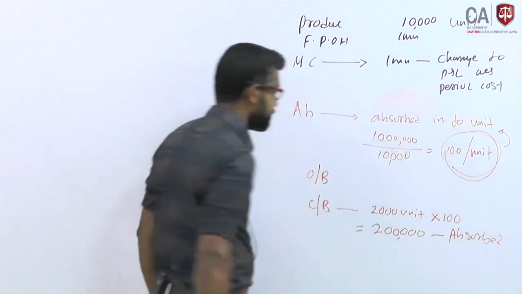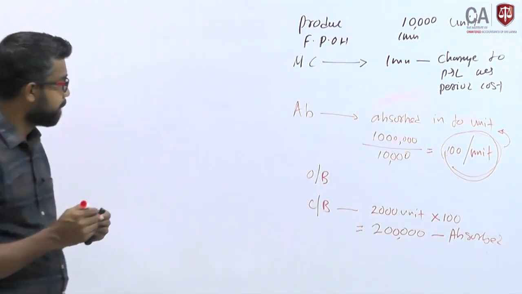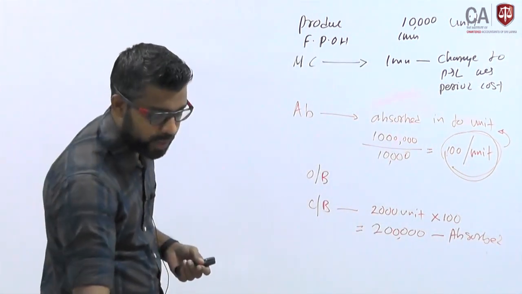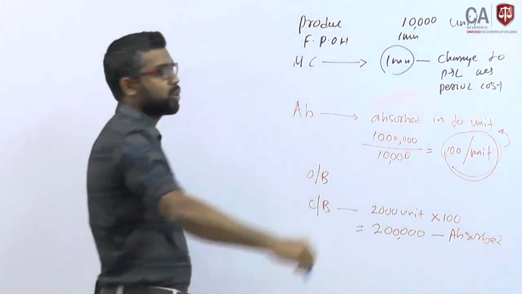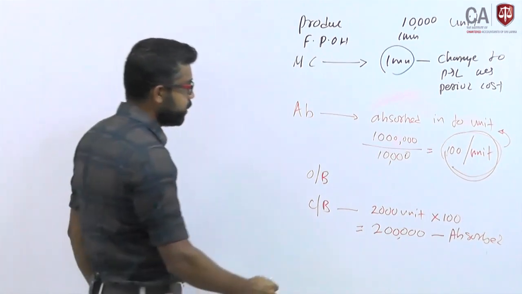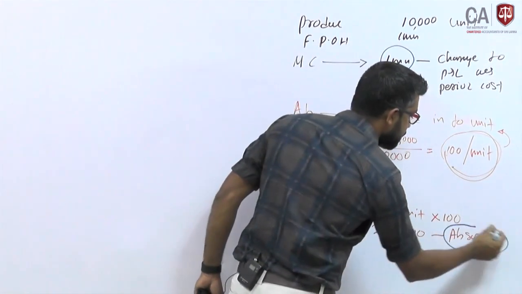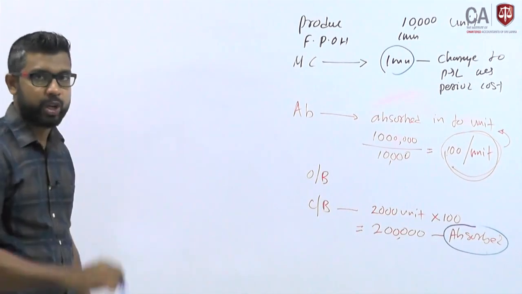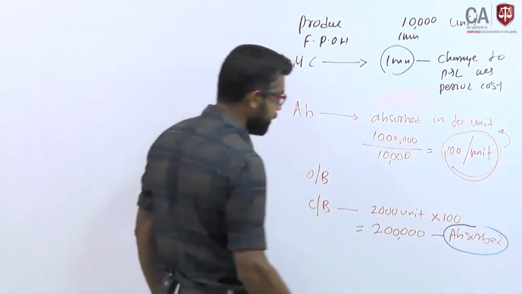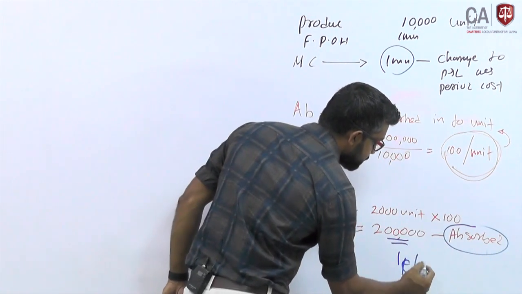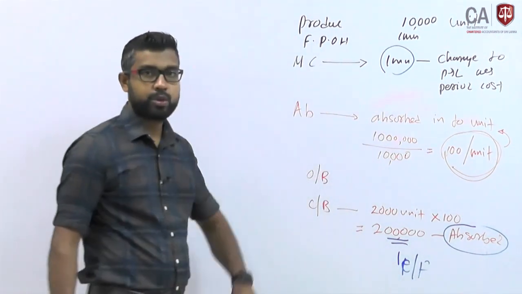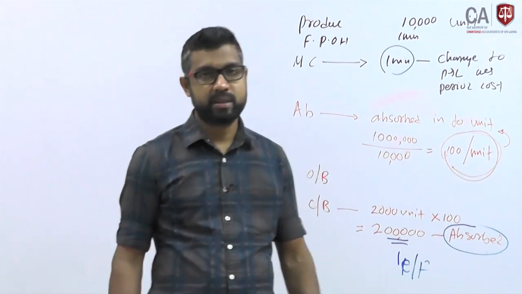The difference is, 1 million you will charge to P&L according to marginal costing, but according to absorption costing, since you have absorbed into unit of output, this 200,000 you will carry forward to where? Next financial year.